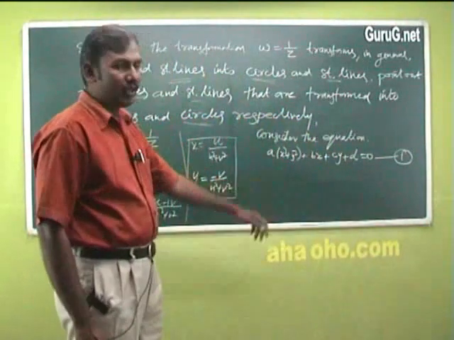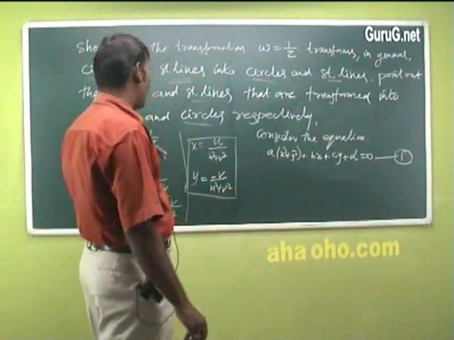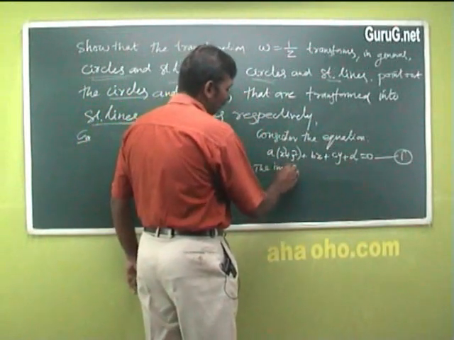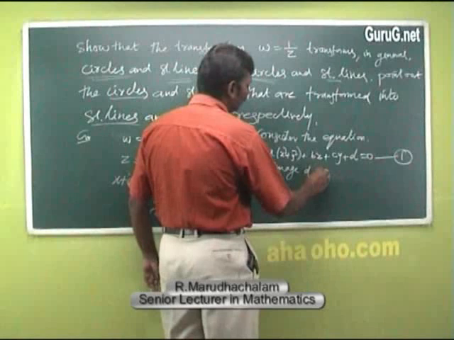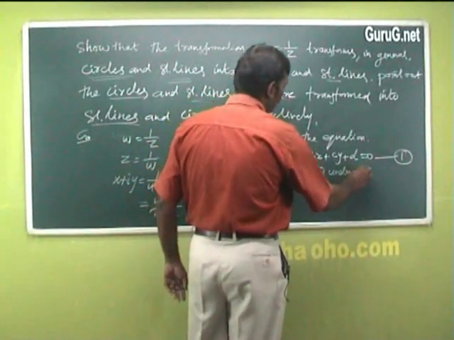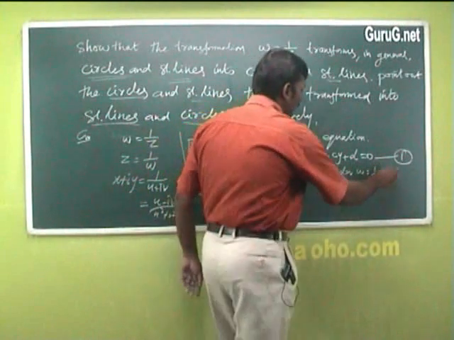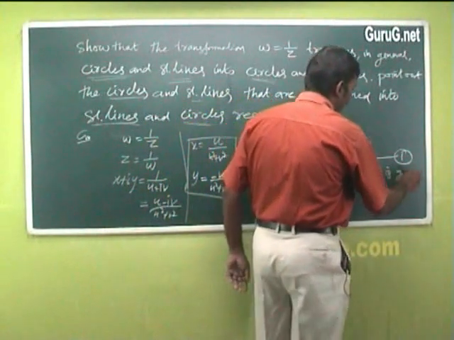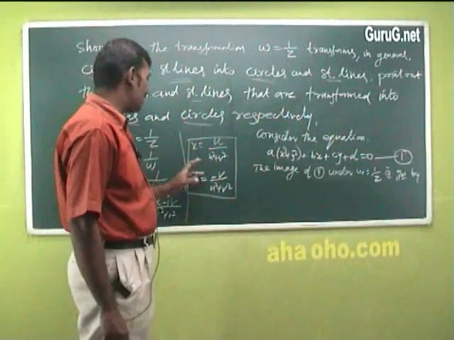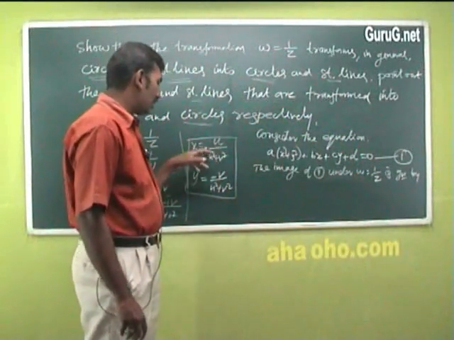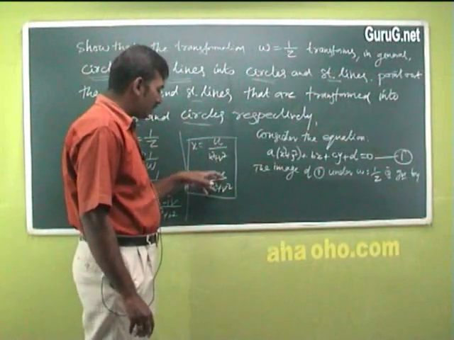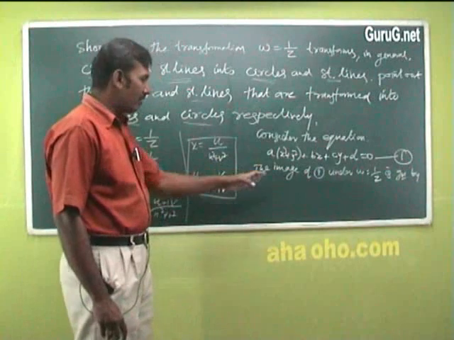The image of 1 under this transformation is given by replacing X by U by U square plus V square and Y by minus V by U square plus V square.